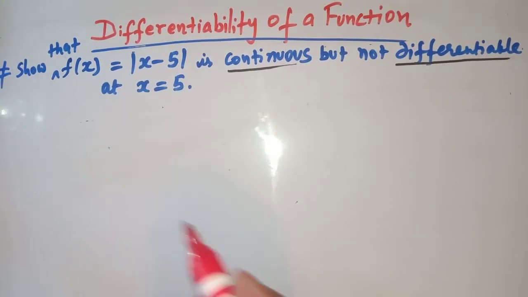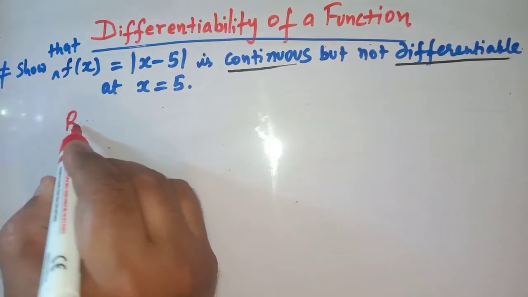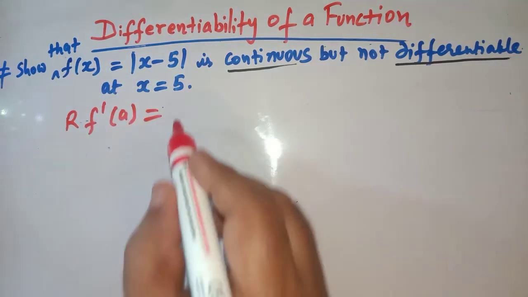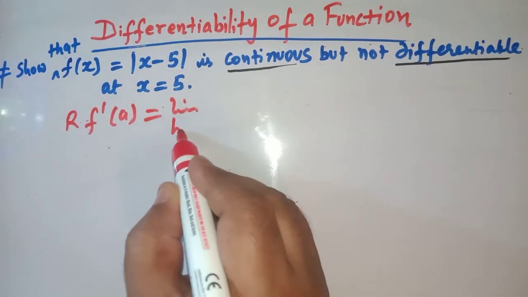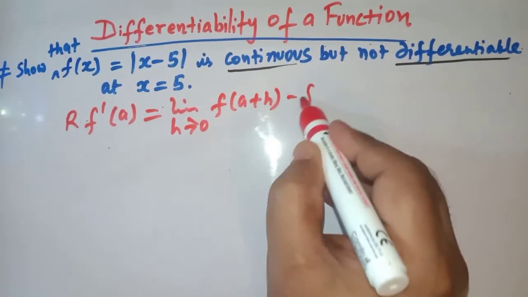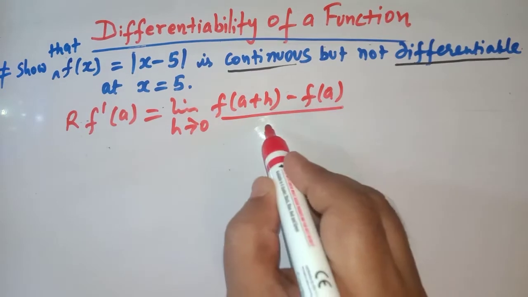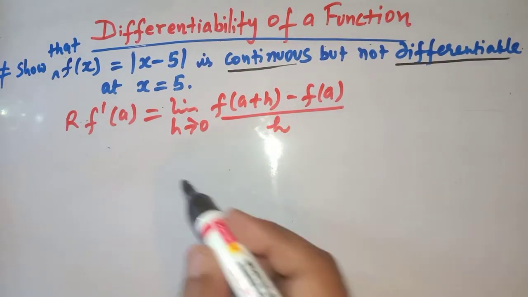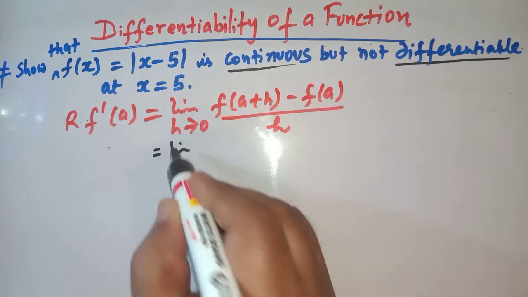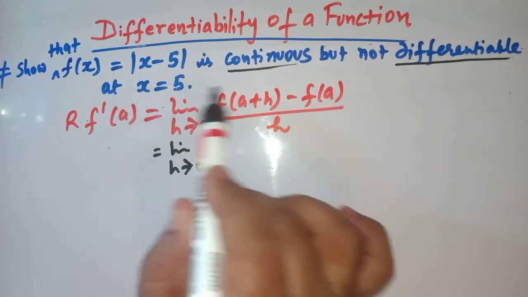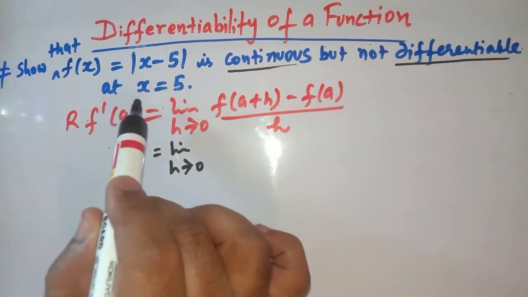Let us find the right hand derivative of this function. It is defined as limit h tends to 0, f of a plus h minus f of a over h. Clear? So here we'll calculate it. Now we have to find the differentiability at x is equal to 5.